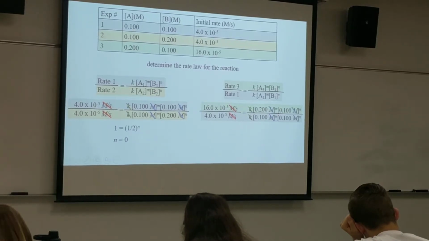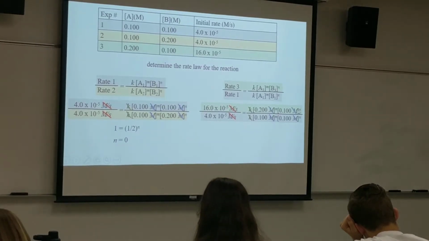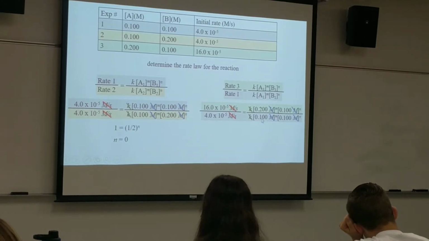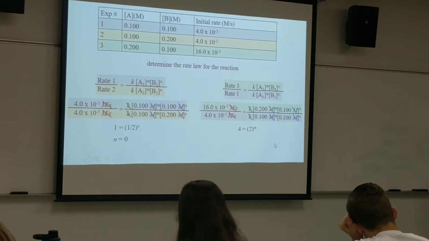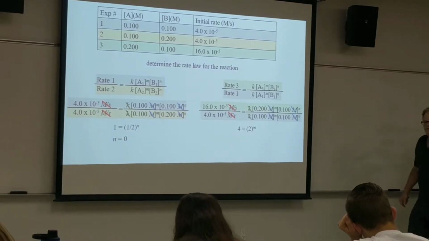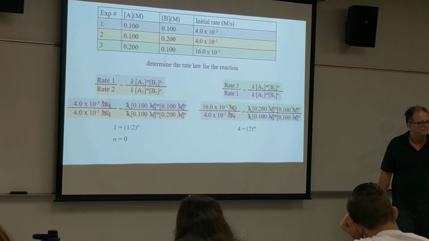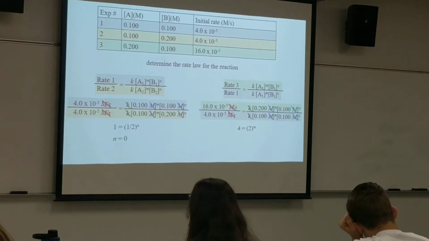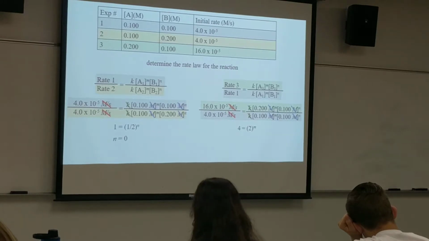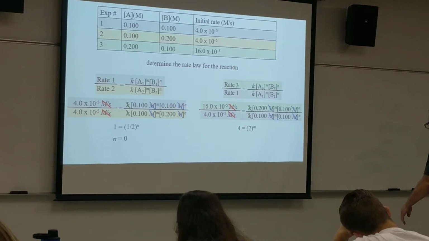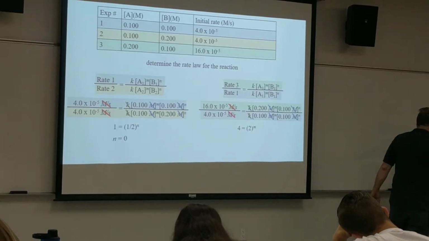Now, since this is the same as this, it's 1. We don't have to worry about it no more. So this ends up being 4 equals 2m. What is m? 2. So we know m is 2, n is 0.